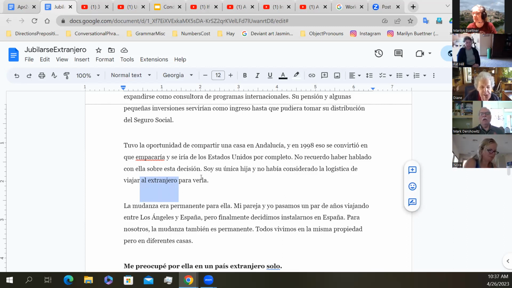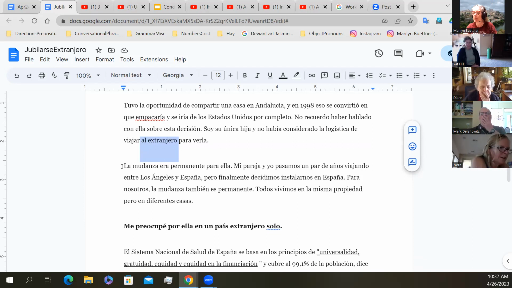Bien? Sí. Okay. Mudanza comes from that same idea of mudarse. So mudanza is the noun morphing of the move. Mudarse. So if mudarse is to move your residence, la mudanza means the move, meaning moving your residence.